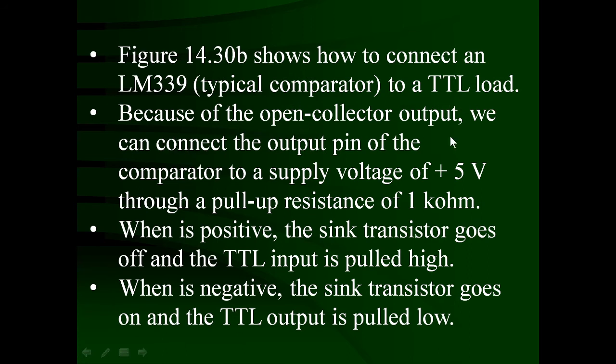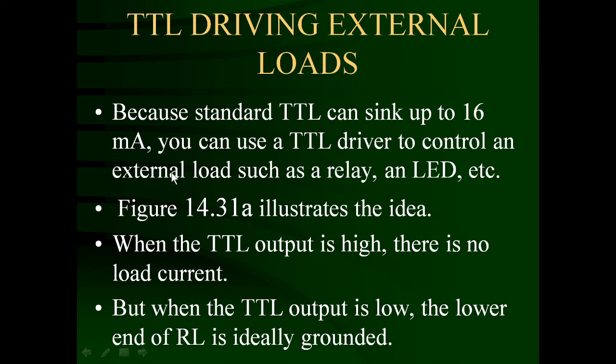Because of the open collector output, we can connect the output pin of the comparator to a supply voltage of plus 5 volt through a pull-up resistance of 1 kilo ohm. When input is positive, the sink transistor goes off and the TTL input is pulled high. When the input voltage is negative, the sink transistor goes on and the TTL input is pulled low. We have already discussed the same.